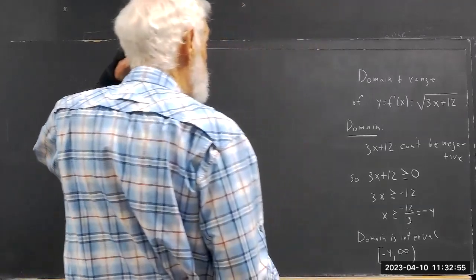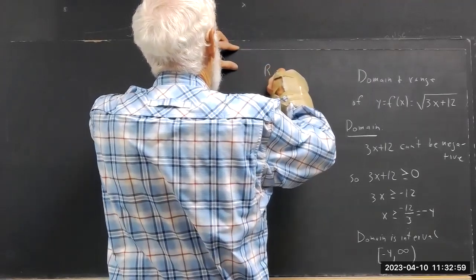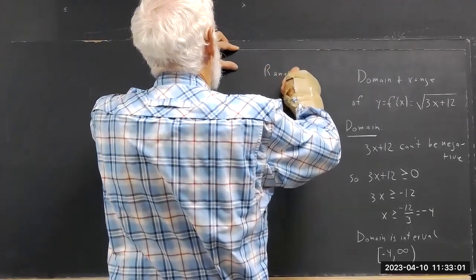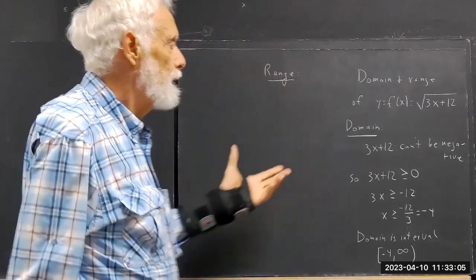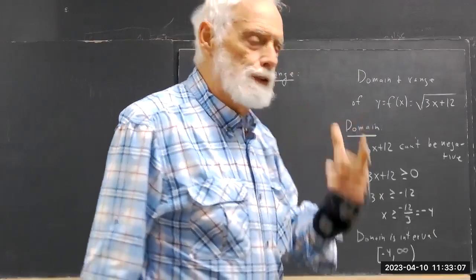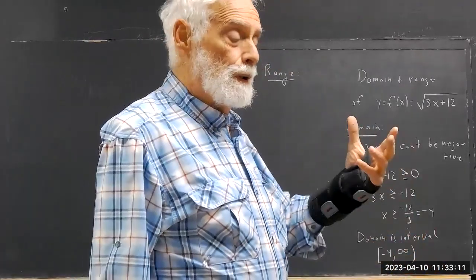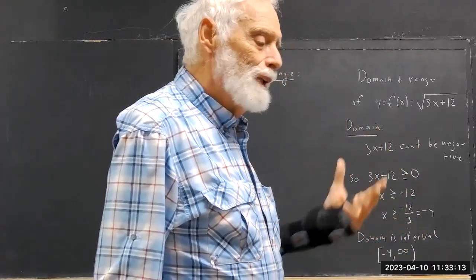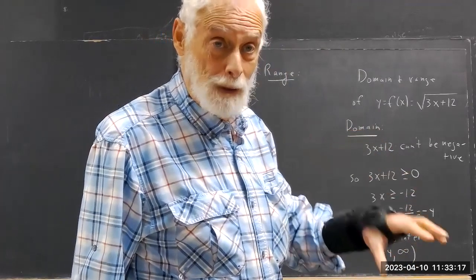Now the range. A square root can't be negative, because we make the convention that the square root is a non-negative number.